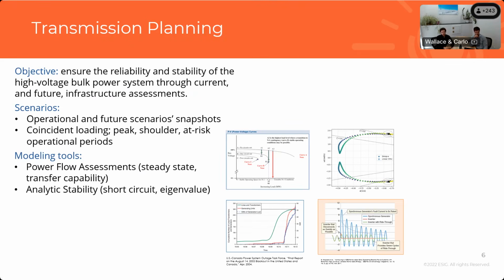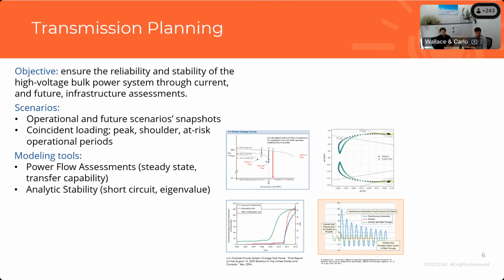Next up, we get to the analytic stability, where we're not in the time domain space just yet. Although you'll notice that there is a time domain response for short circuit. The image that just popped up on the bottom is showing the faulted response of a synchronous generator and also an inverter.